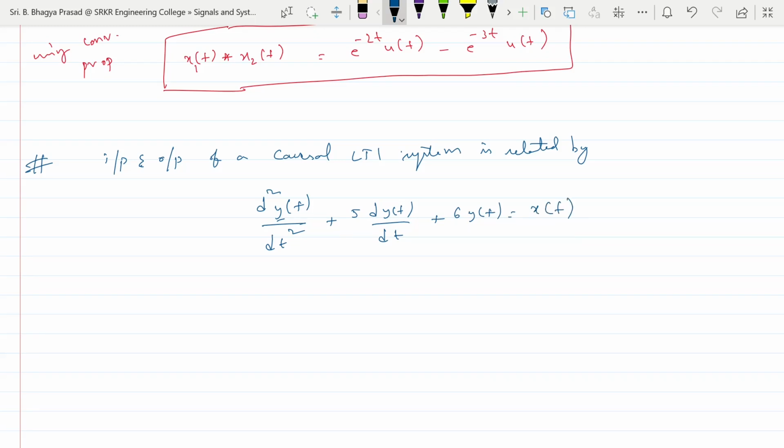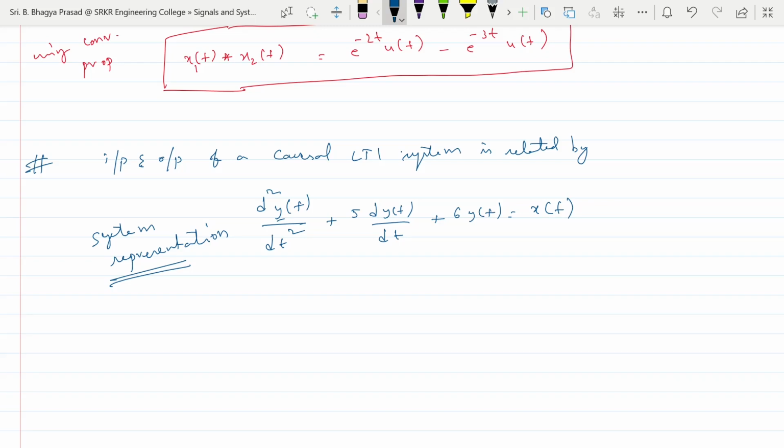This is a system representation in terms of input and output. Input is x of t and output is y of t. This is an LTI system description.